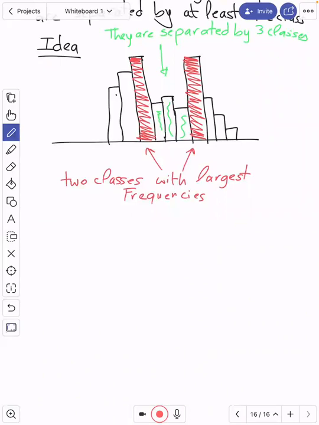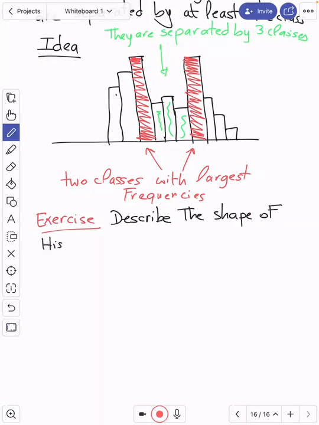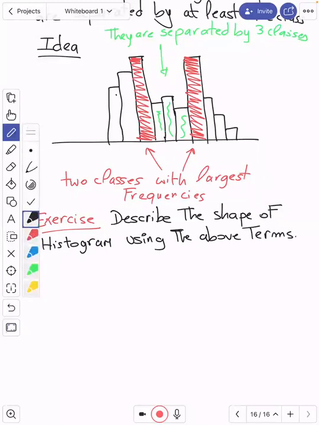Describe the shape of the histogram using the terms that we discussed above. First, number one.